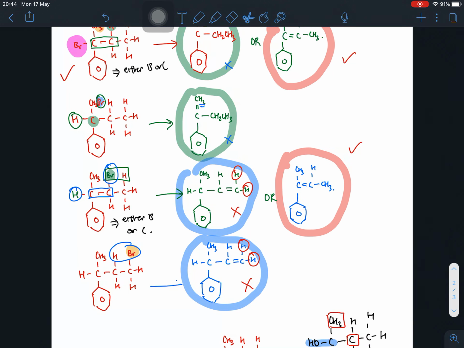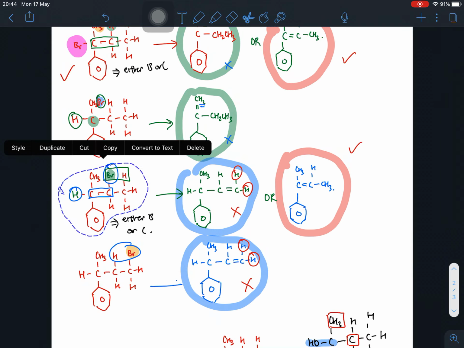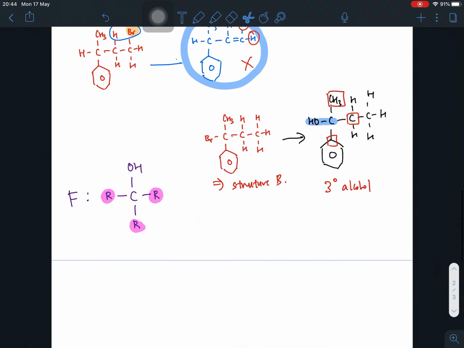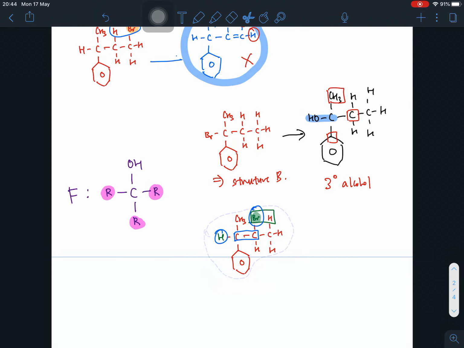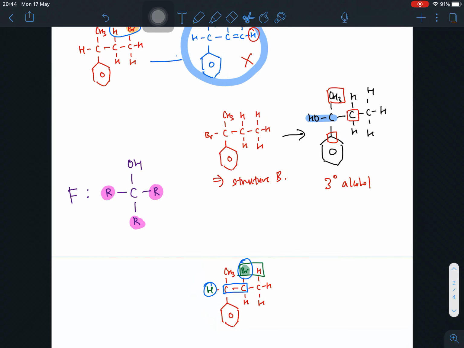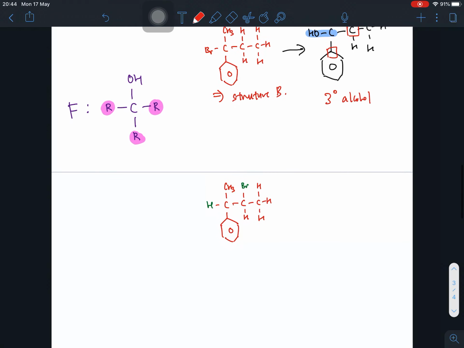I'm going to copy this over. I said that this could also be B or C as well. So let's just confirm. If it's not, then this would be structure C. In this case, this is a structure that forms the same compound that exhibits cis-trans isomers.